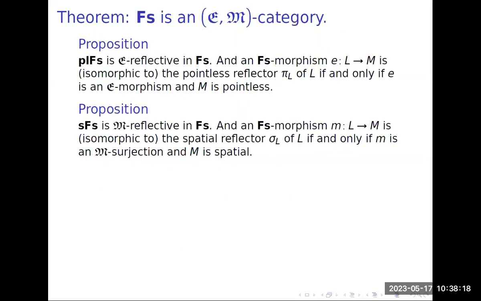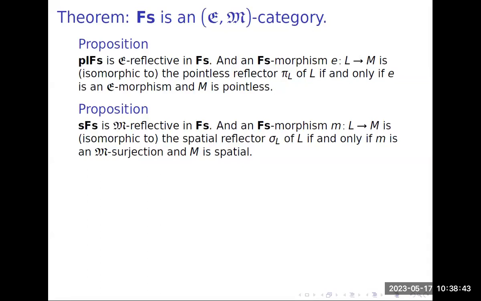And then the objective of this is to show that the skinny category is an EM category, which means that you have EM factorization of sources and the diagonalization property. Okay. But what that gives you is two important things.